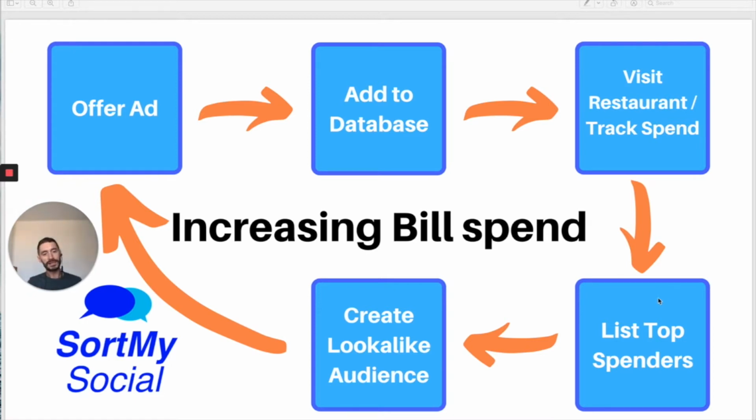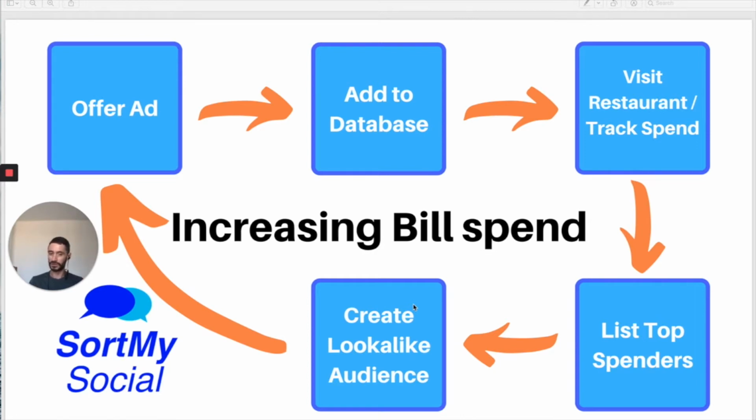So you're going to take that list of top spenders, and what we can actually do is upload their email address to Facebook, and Facebook can cross-check those people into what's called a lookalike audience.